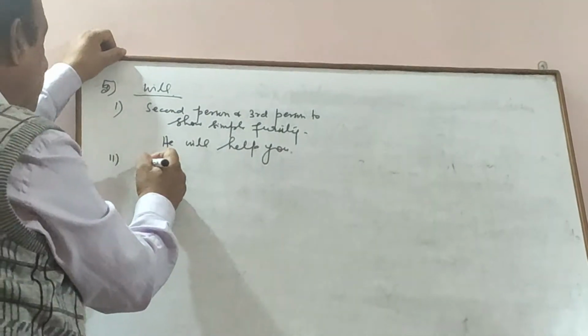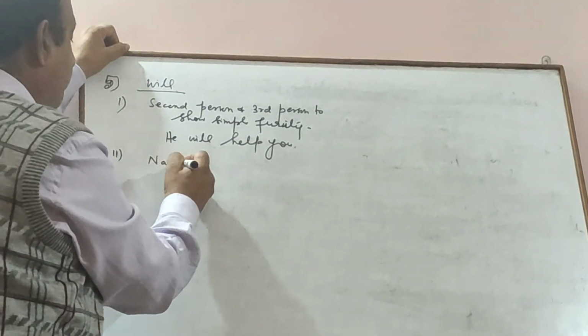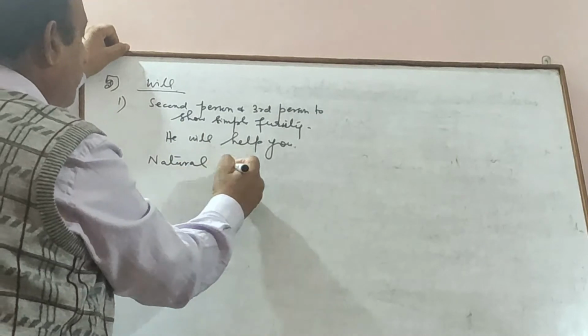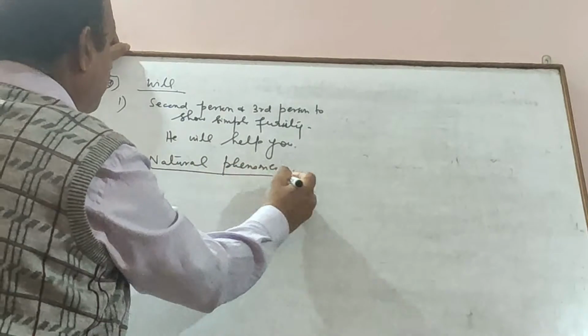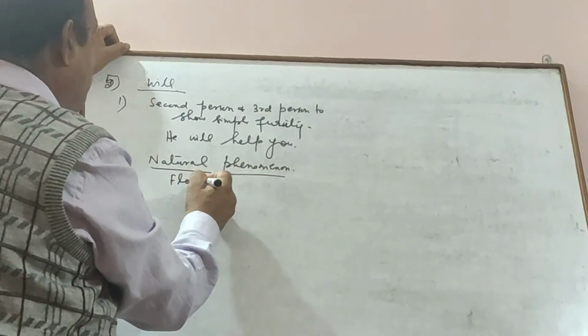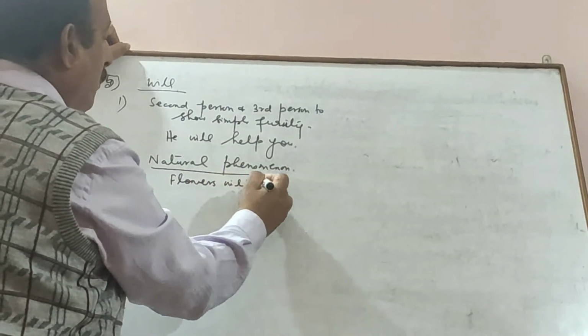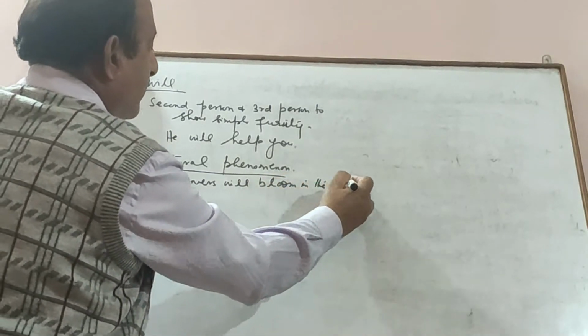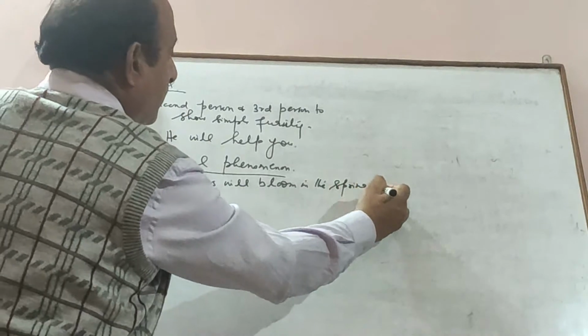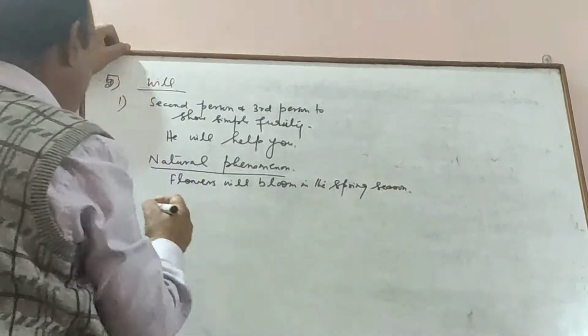The second use of will is, it shows natural phenomena. Flowers will bloom in the spring season. It is natural.